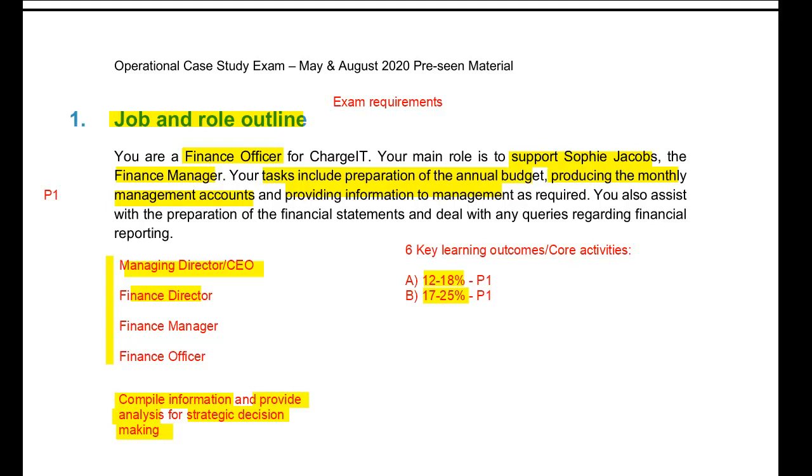So what we have here are 2 core activities that could form up to 43% of the content in your exam, which focus exclusively on 2 of the key topics within the P1 syllabus, budgeting and costing. What this reinforces, of course, is the importance, as part of your revision for this exam, of brushing up on the key theoretical content that forms part of this P1 syllabus.